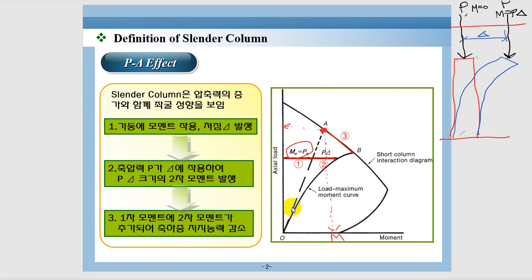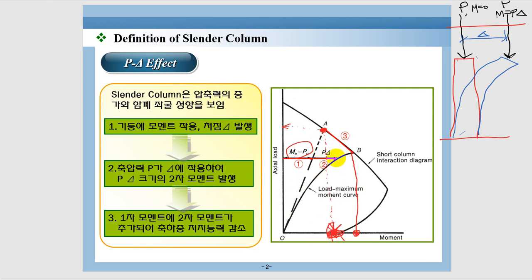You go on showing more nonlinear effects and reaching at B, so that your B moment with the P delta effect is a lot greater than the moment when you don't have a secondary moment.